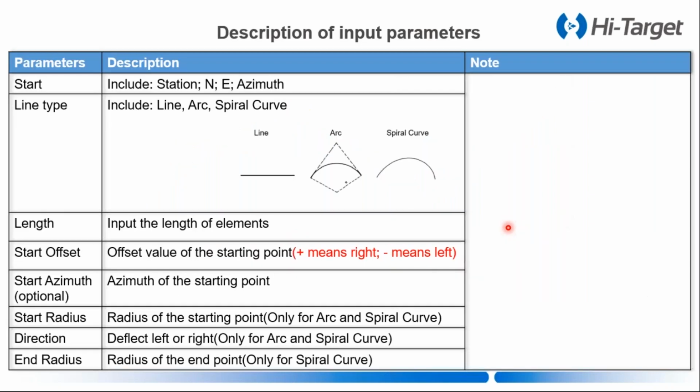Let's see this table. In this table, we need to input the parameters. First, we need to input the starting point information, the station and the coordinates. And if needed, we can input the azimuth of this start point.